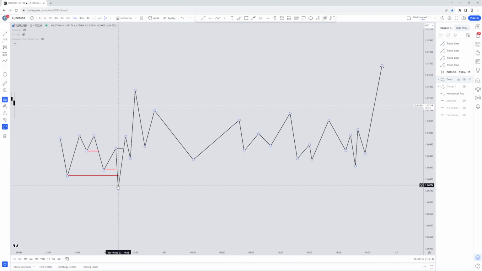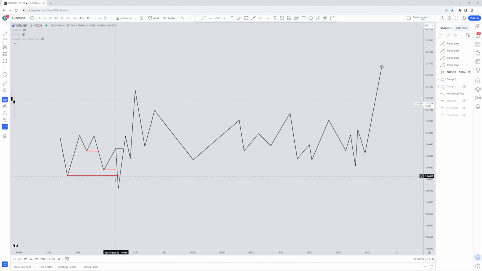It grabbed it very impulsively, and then it instantly retraced back into the range. If my range is this one right here, okay, anywhere above those lows, it immediately retraced back into the range, and it also changed character at the very same time, right here. You see the change of character right here.